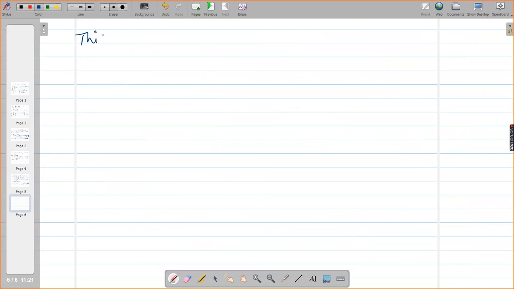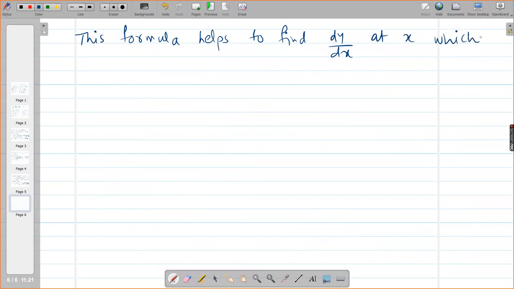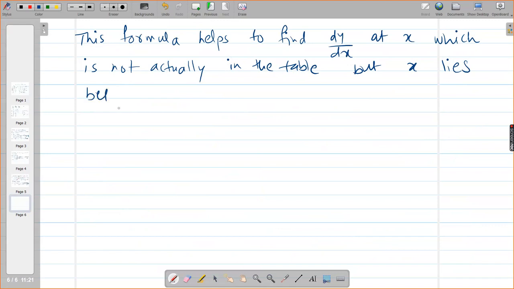Okay, so this formula helps to find dy by dx at x, which is not actually in the table, but x lies in the range x0 comma xn.